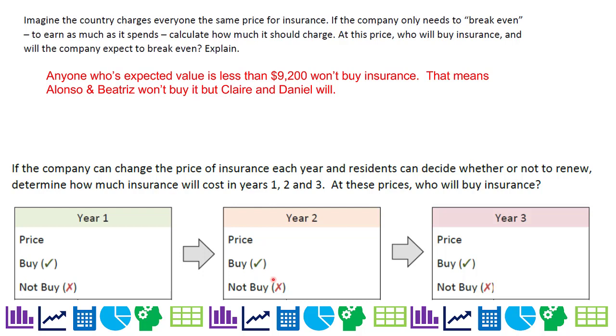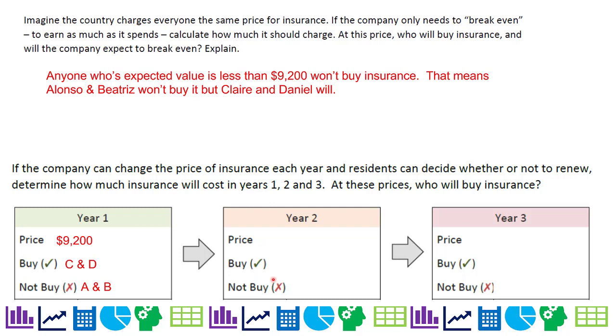For example, Alonso really doesn't expect to have to pay for a big surgery, so he's not going to pay $9,200 when for him the value of it is only $400. Beatriz is at a higher expected value, but it's still lower than the $9,200. So year 1, the price is $9,200. Claire and Daniel will buy it, but Alonso and Beatriz will not.